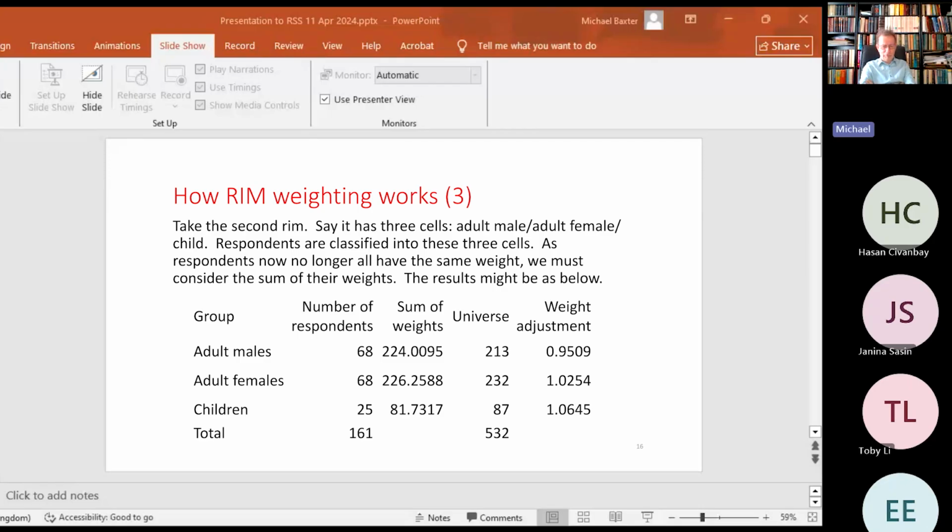We've got the same number of respondents, but the sum of weights is no longer equal to the number of respondents. And the universe is now not the population of an area, but the population of males, females, and children, respectively. So again, dividing the universe by the sum of the weights, you get a weight adjustment factor.